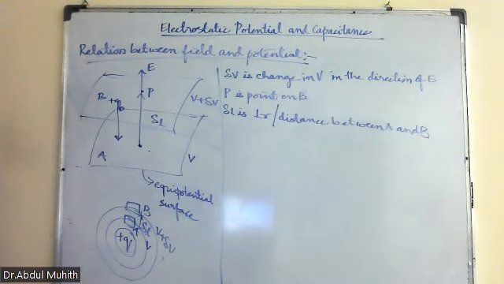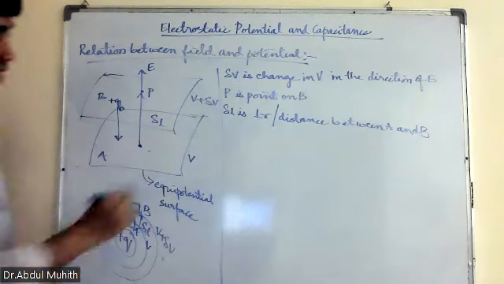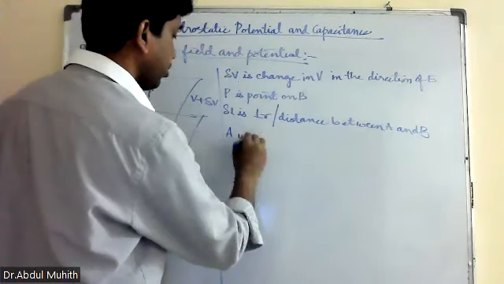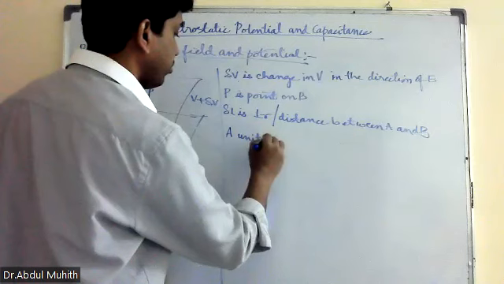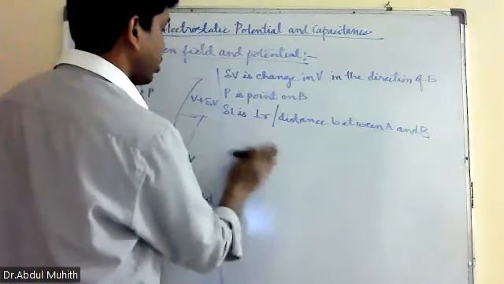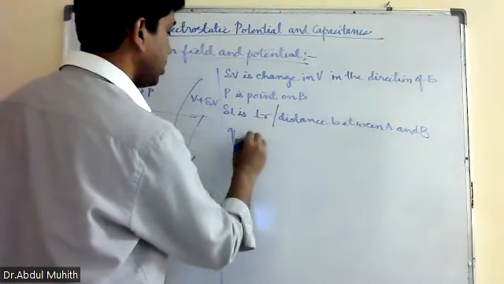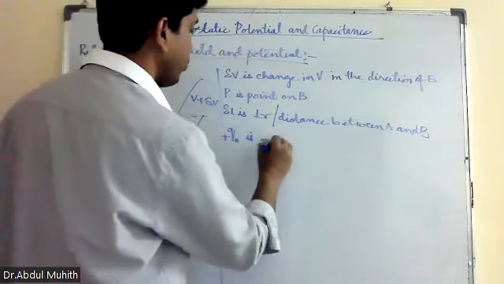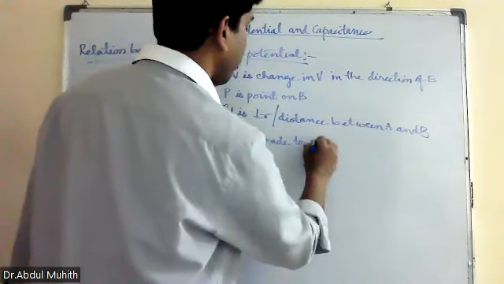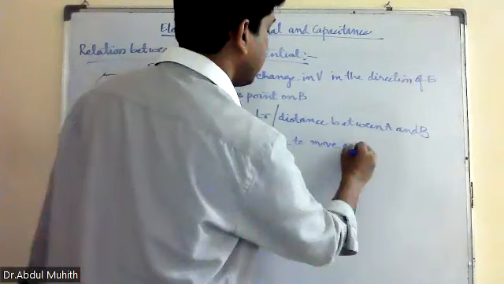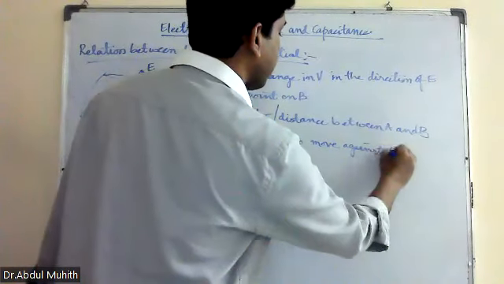Now work done: a unit positive charge, plus Q naught, is made to move against the electric field.